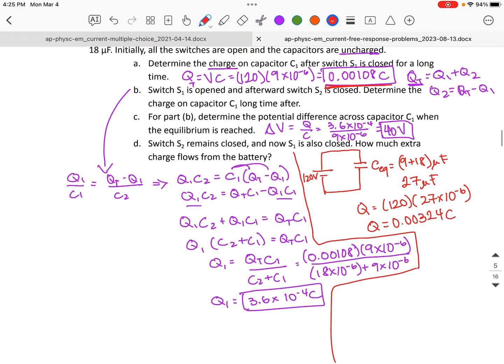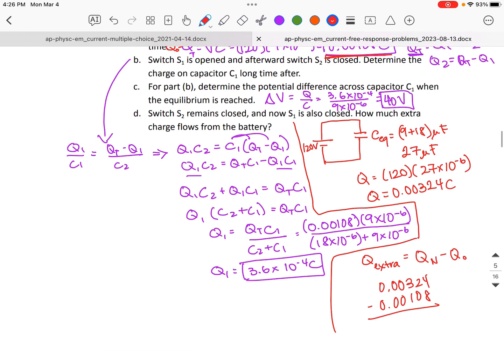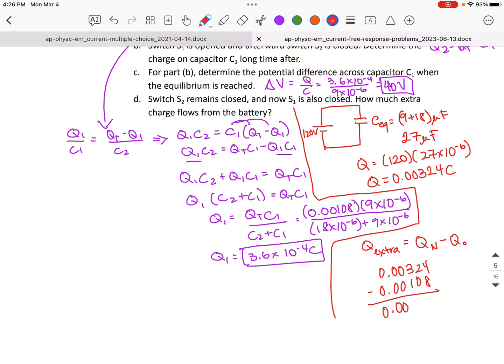So if I want the charge difference, the extra charge that comes in, then I need to take this new Q and subtract it from the original Q from part A. So I'm going to take my 0.00324, subtract 0.00108, and my extra charge would be 0.00216 coulombs. So this would be the answer for part D.